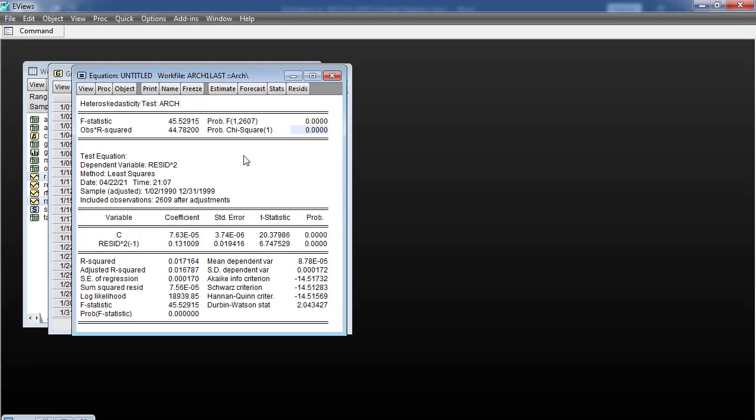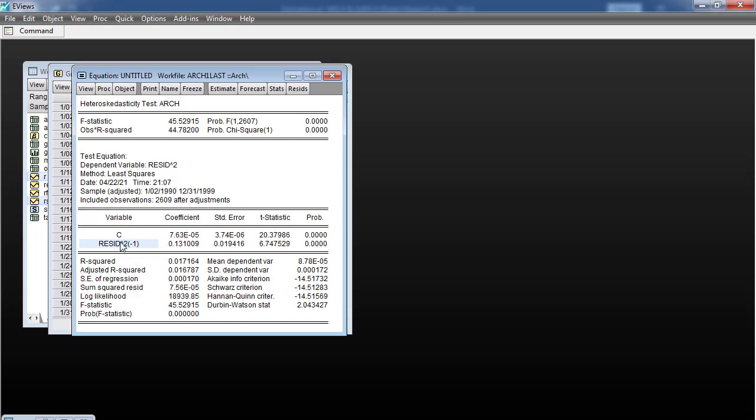Now in this case we can see the dependent variable is the residual square, and whether it can be predicted by residual square lag 1 or not, as in this outcome.